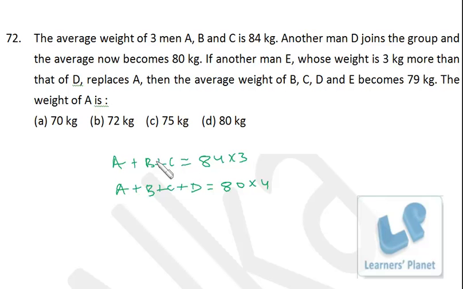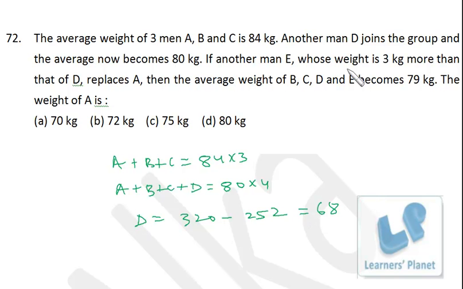If we deduct A plus B plus C from this equation, we'll be able to get the value of D. So D is 80 into 4, that is 320, minus 3 4s are 12. It is 68. So the weight of D is 68.